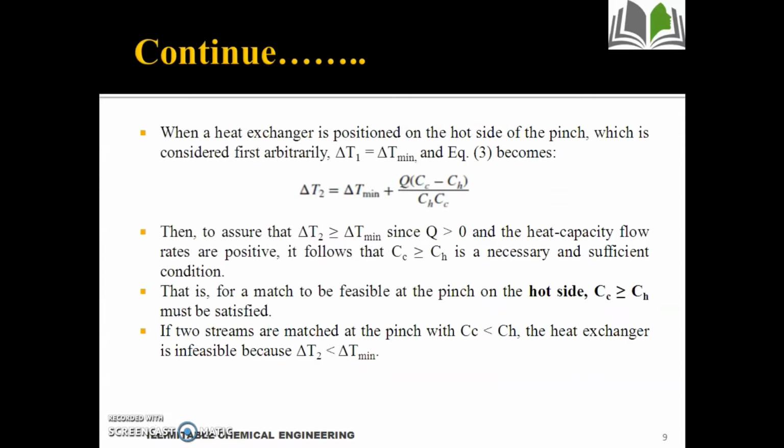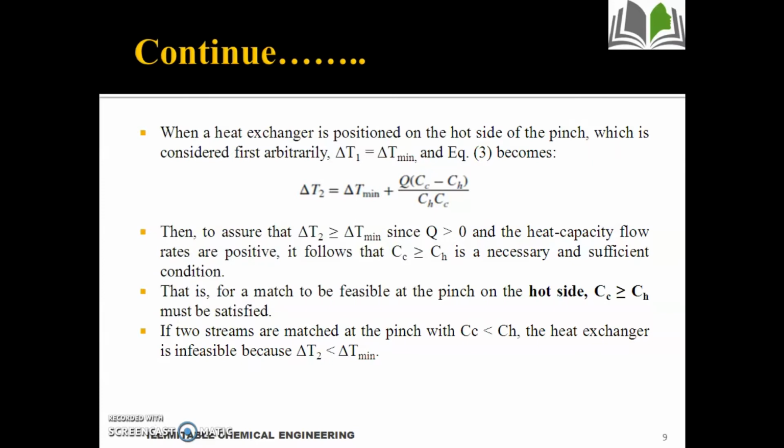When a heat exchanger is positioned on the hot side of the pitch, delta T1 is considered first, arbitrarily, equal to delta T minimum in equation number 3. So equation number 3 becomes delta T2 equals delta T minimum plus the remaining terms.